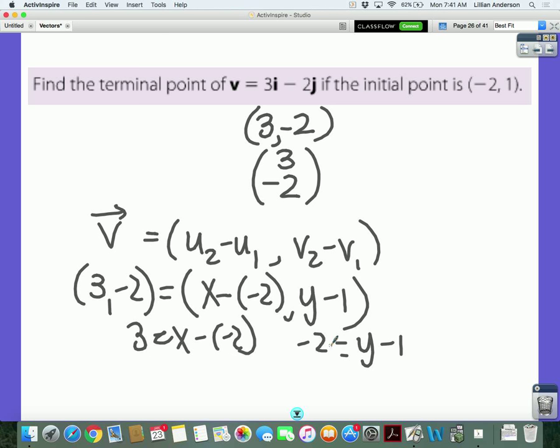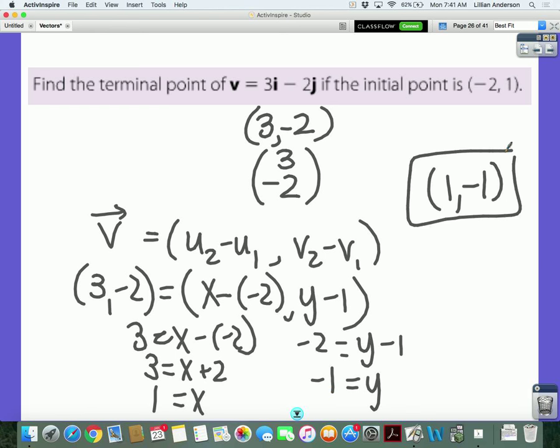That's how you actually get the vector that you want. This is nothing but a simple linear equation. You subtract 2 over here, you add 1 over here. So then you know that your terminal point is 1, -1. A little bit of simple math.